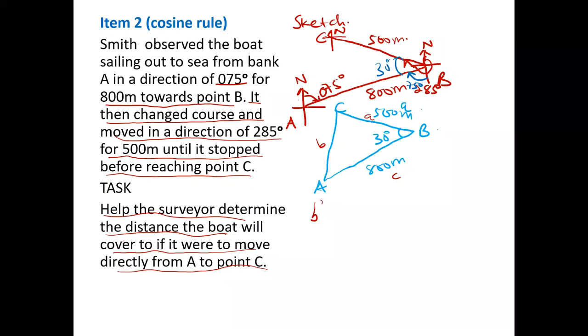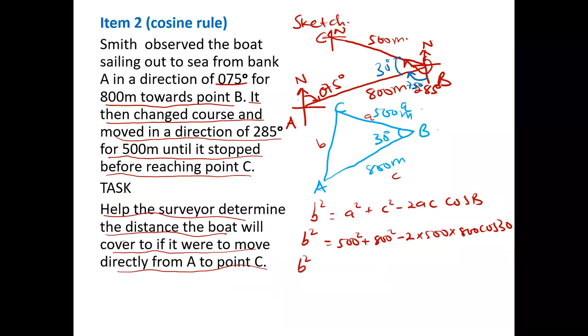I'll state like this: b squared is equal to a squared plus c squared minus 2ac cos B. I told you when you use side b, you have to use angle B. But I don't have side b, so I'll say a is 500 squared plus 800 squared minus 2 times 500 times 800 cos 30.